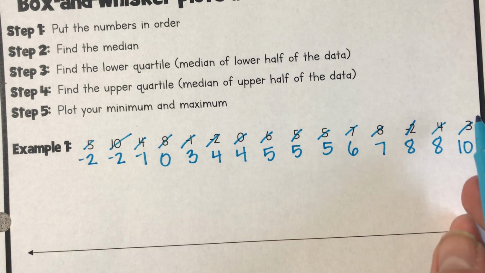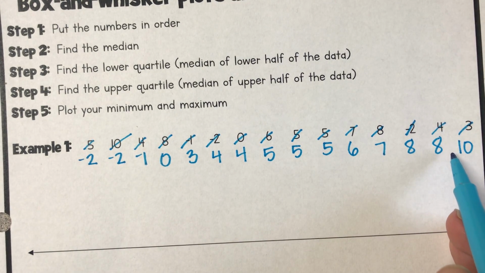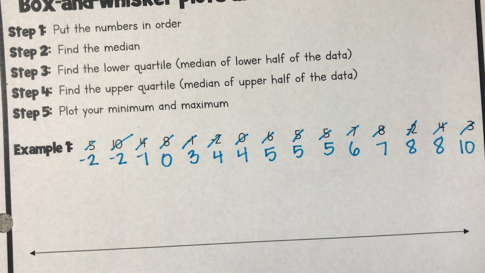Okay, I like to cross my numbers out and write my new numbers underneath because I feel like I make fewer mistakes if I know that all my numbers are accounted for. So I have all my numbers in order.